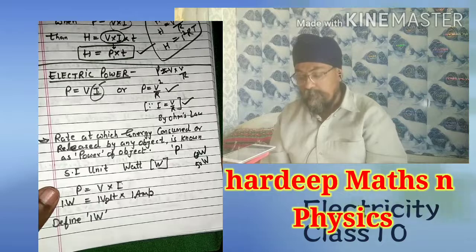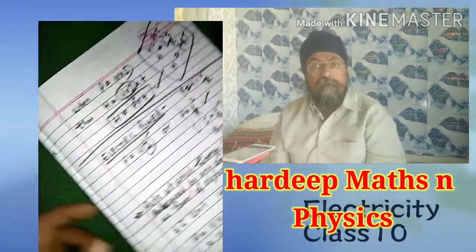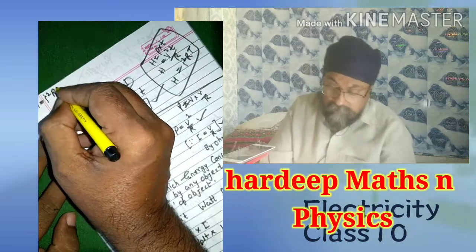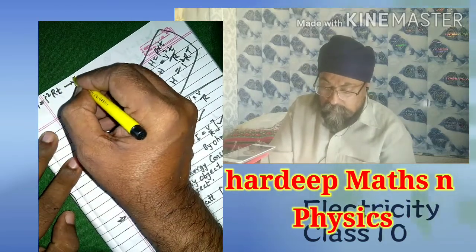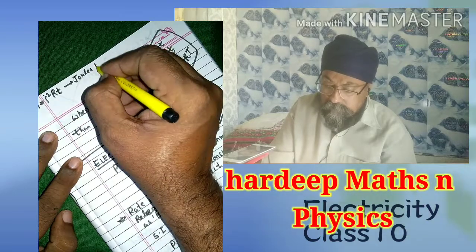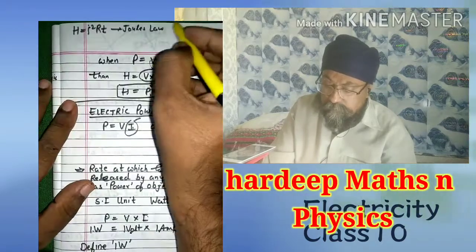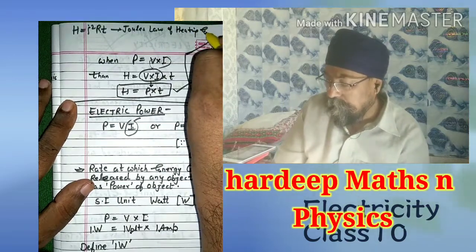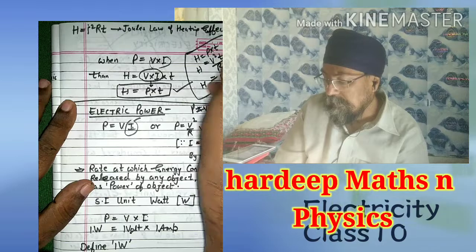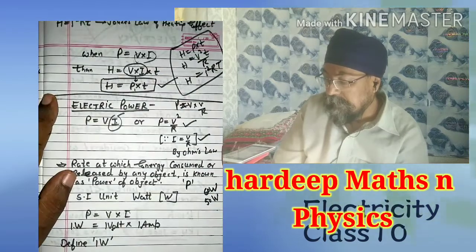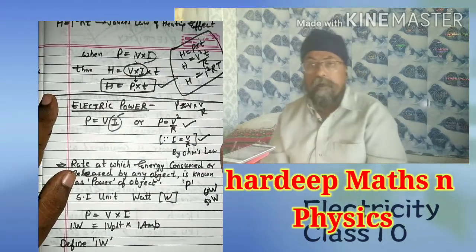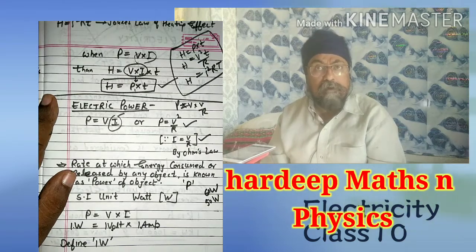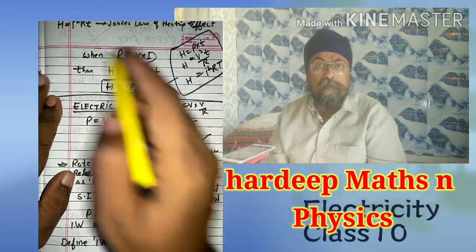As per Joule's law of heating effect, we use the formula H equals I square RT. Any appliance or device that consumes electricity will heat, and if a device produces electricity, it will heat.